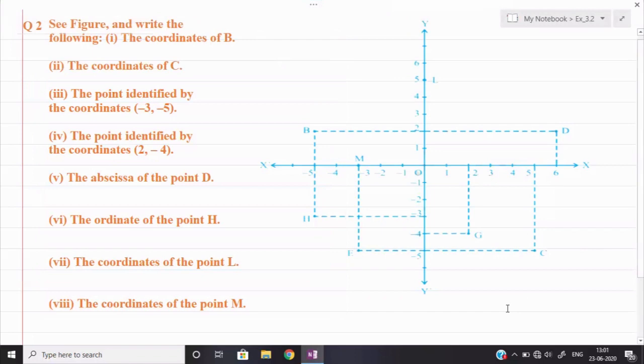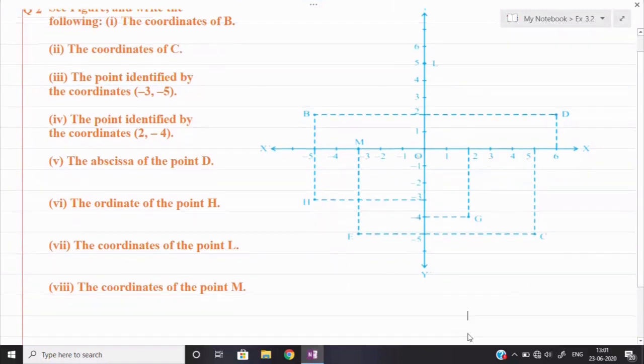The coordinate of B. See, we need not do anything in this question. Many points are given, and for each and every point we need to write down their coordinates. So first of all, look at point B. Point B is given here. First, you see point B has how much horizontal distance from the y-axis. Look here, this horizontal distance is equal to 5.